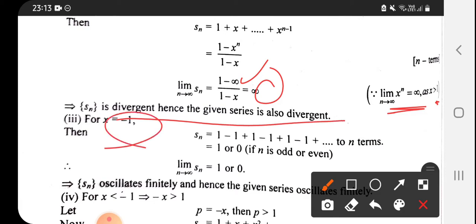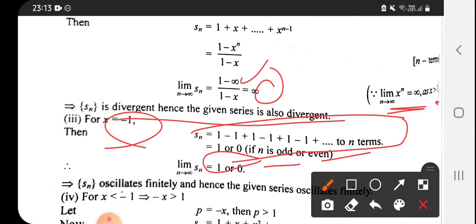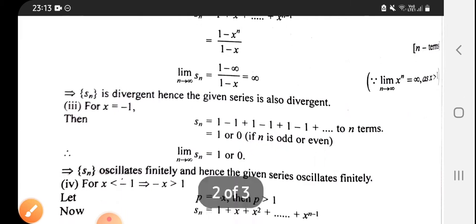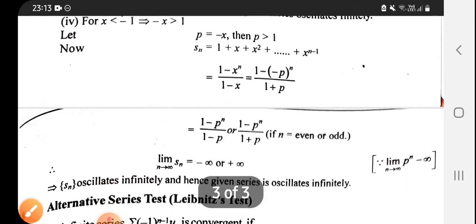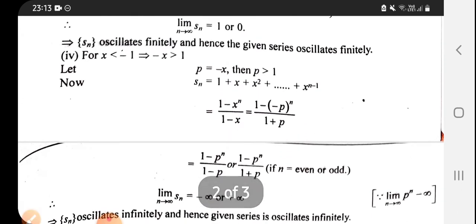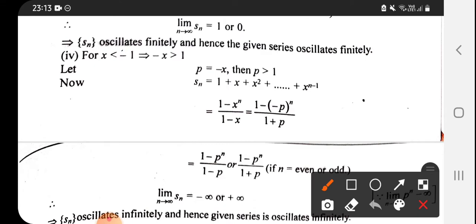Now for x equal to minus 1, we get an oscillatory sequence. As n tending to infinity, Sn becomes 1 or 0 as n is odd or even. Now for x less than minus 1, that means minus x is greater than 1, and by the help of the sum formula we get this form.